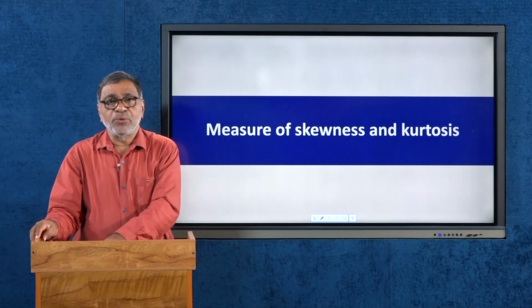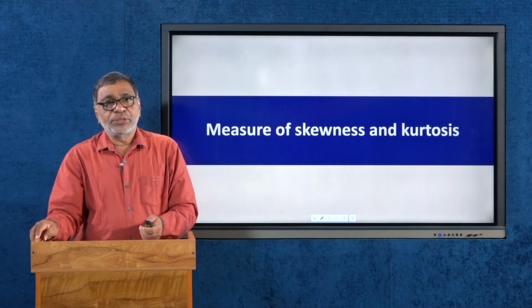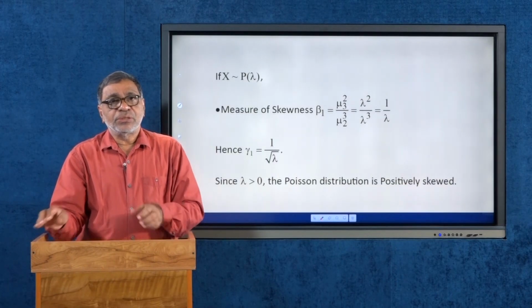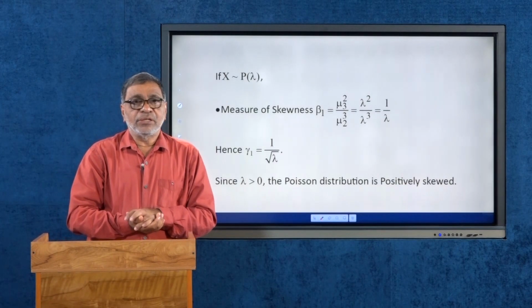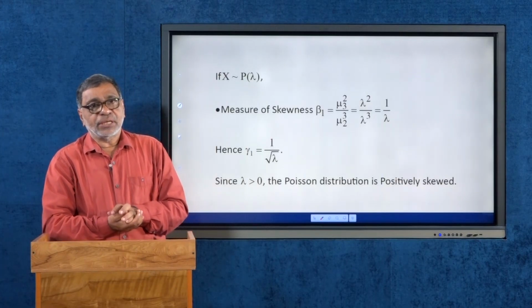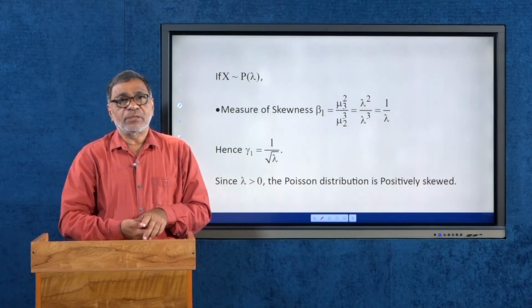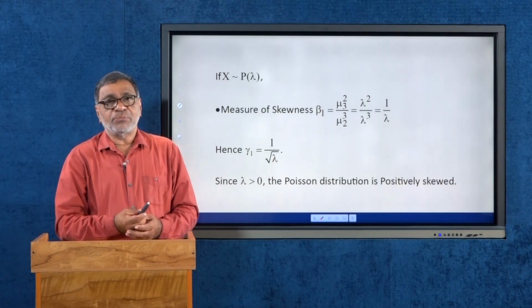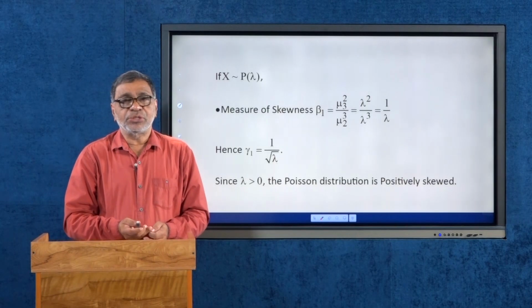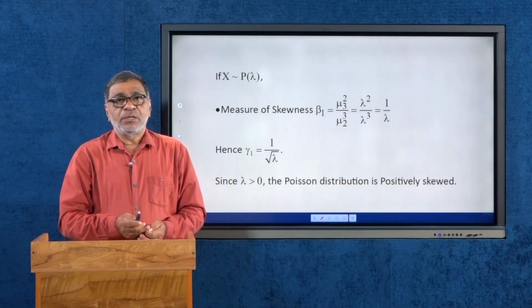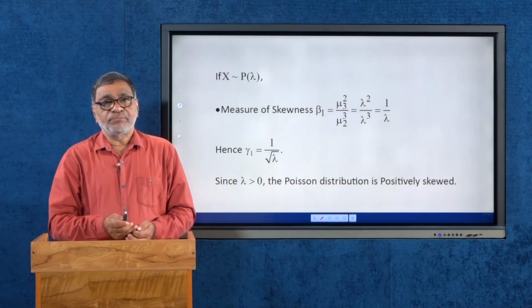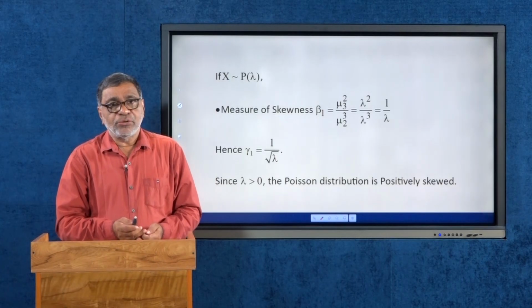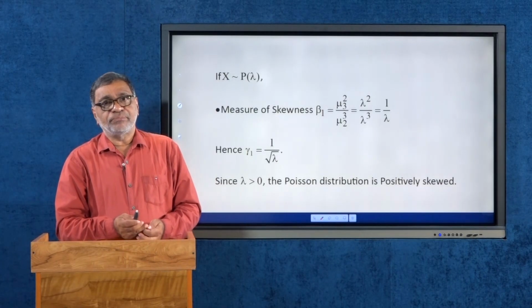And as you know, skewness is defined in terms of second and third central moments. So, suppose we are considering measure of skewness beta 1, and that is defined as mu 3 square divided by mu 2 power 3.